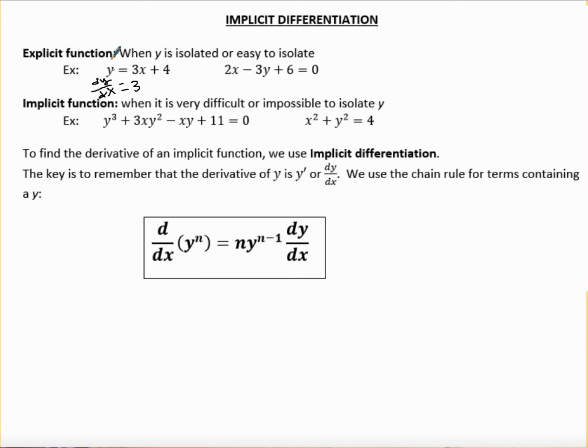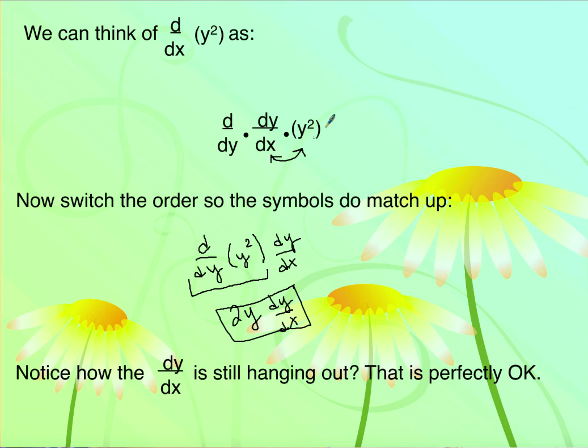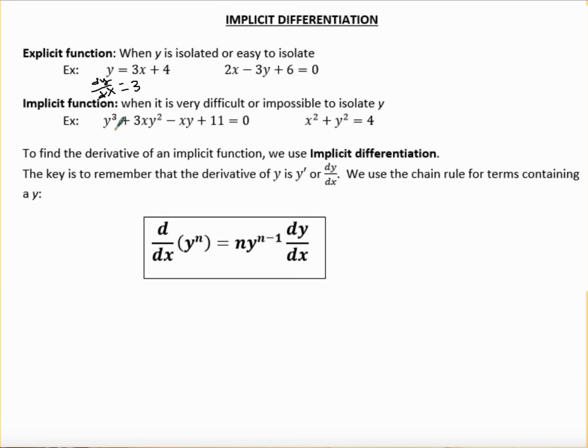We always took the derivative of y and then called it dy dx. That's the same thing we just did here. We took the derivative of y and then we called it dy dx. So you have actually been doing this the whole time. It just tells us you took the derivative of y.